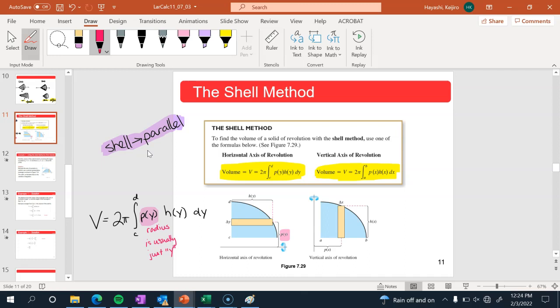That distance is just whatever y happens to be at the time. So it's actually not super complex.